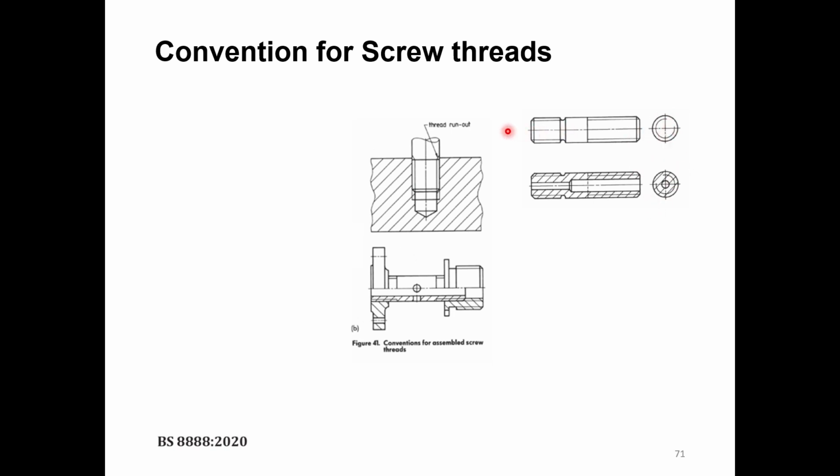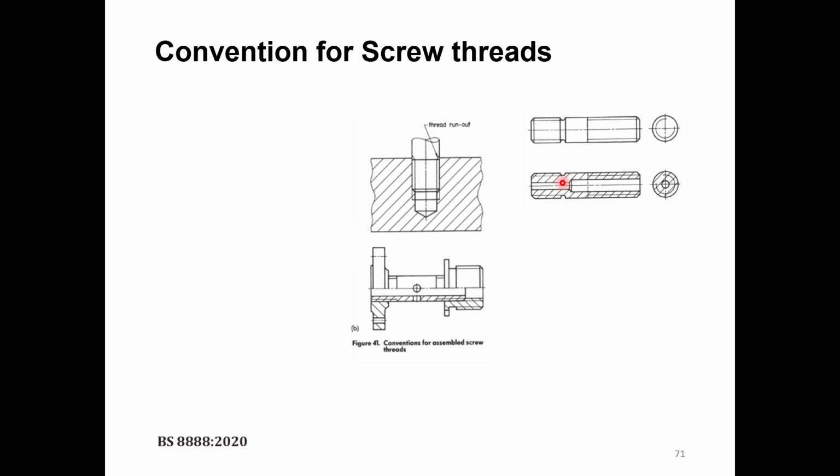But if you cut across this part, you have a section, so you will eventually understand that there are some details inside that you couldn't see, which is this internal feature here.